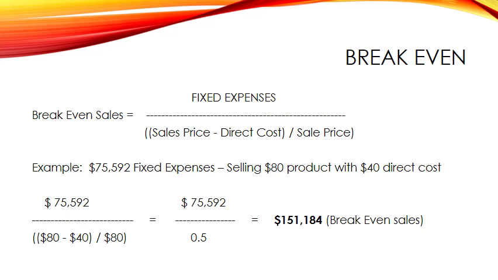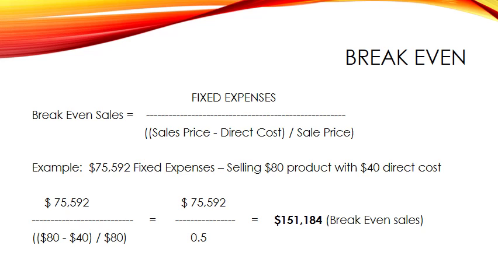So what it means is that we need to generate $151,184 of sales to cover the cost of our trainee coach, as well as cover the rest of the business expenses that we want to cover off in that 12-month period. So that's the total number of dollar sales.